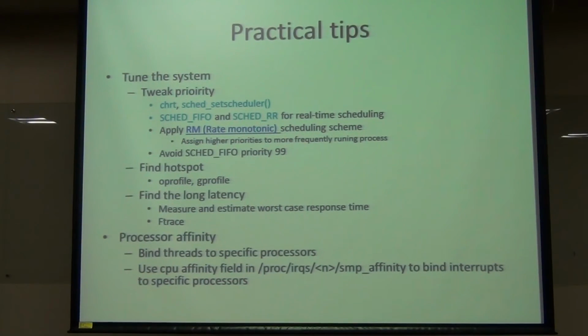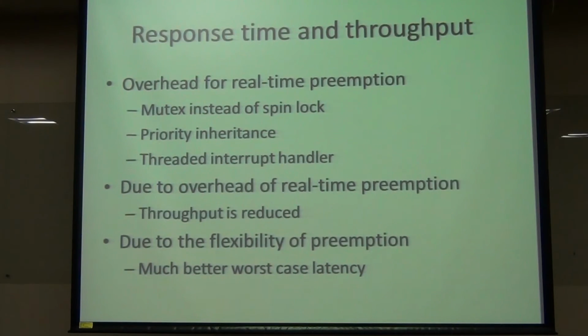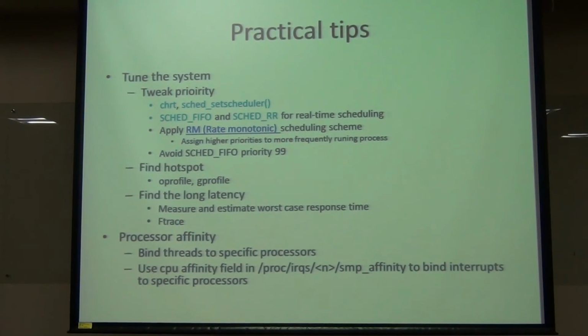And try to find the hotspots using profiling tools, and then measure and estimate the worst-case execution or response time. Also you can control your process affinities. So for example, if you have some thread sending data and some thread consuming the data, you don't want to put them on the same core. You just put them on different cores instead.